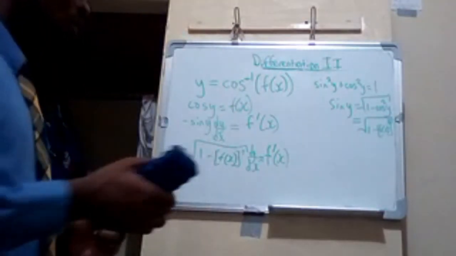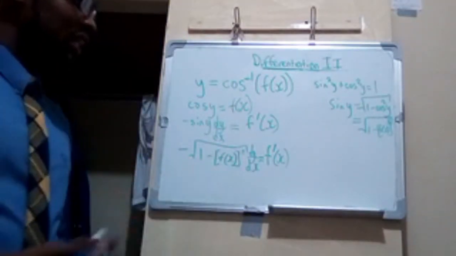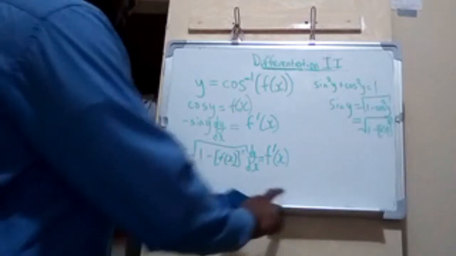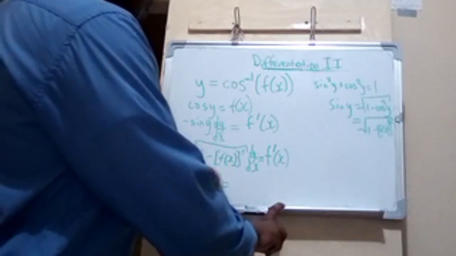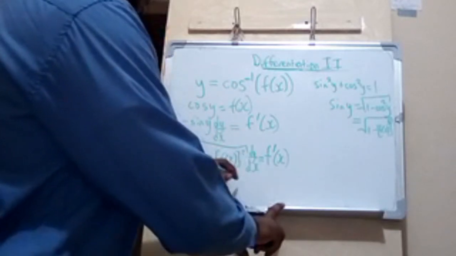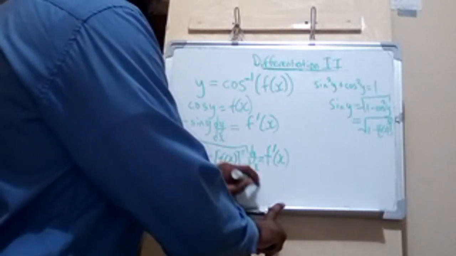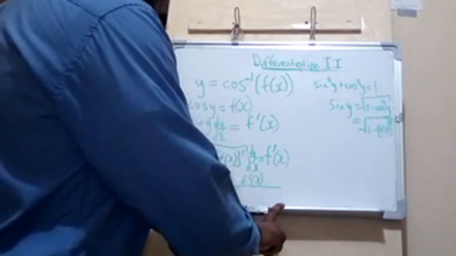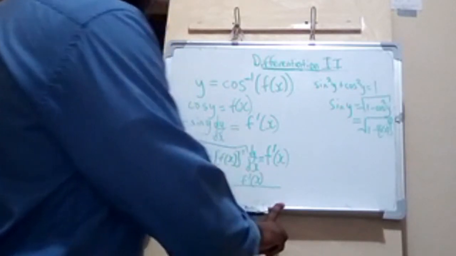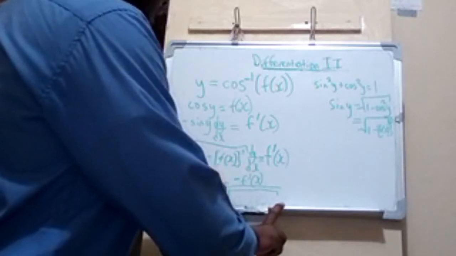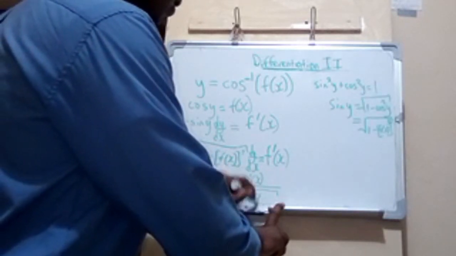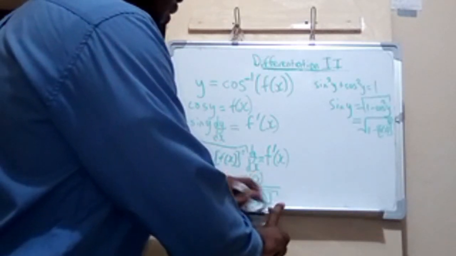Alright, now all we need to do is make dy by dx the subject. So dy by dx is equal to f prime of x divided by the square root of 1 minus f of x all squared, and we'll put the minus in the numerator.